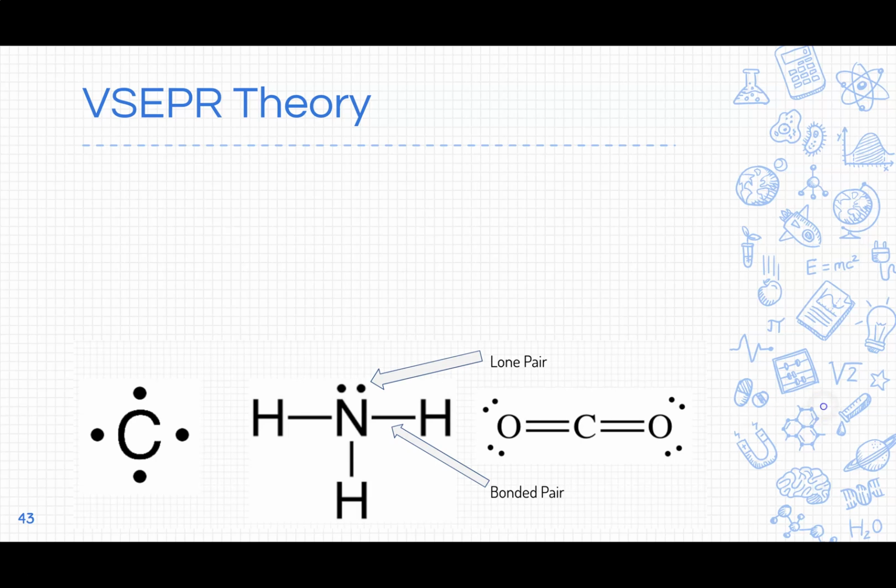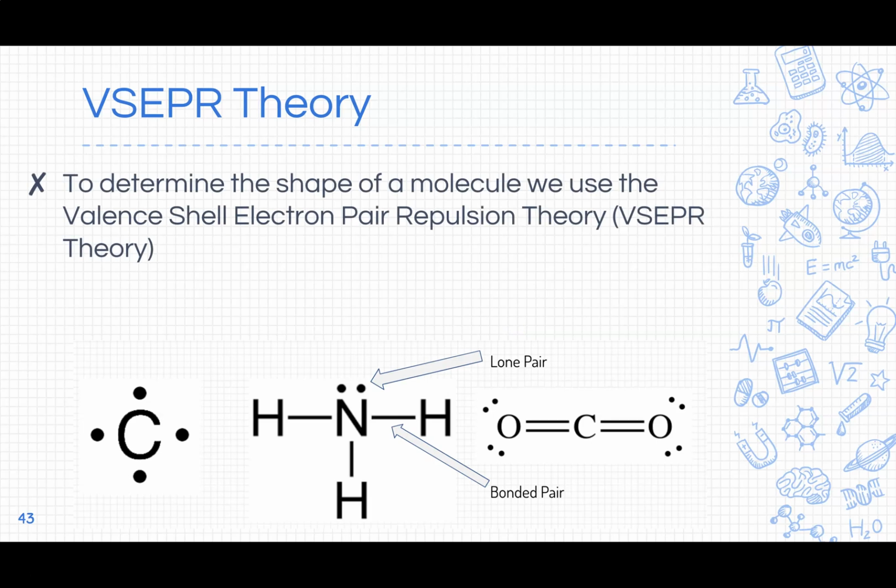Okay, so to determine the shape, we're going to use what we call the valence shell electron pair repulsion theory, or the VSEPR theory. This sounds super complicated, but actually you know all parts of this theory, because think about what these words mean.